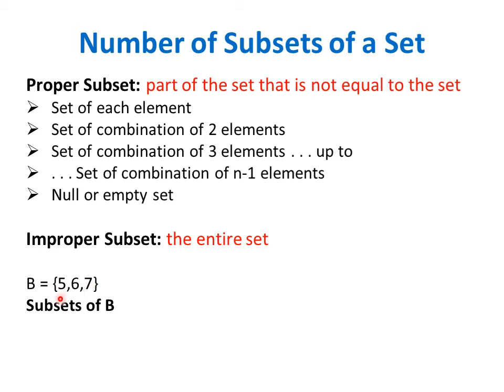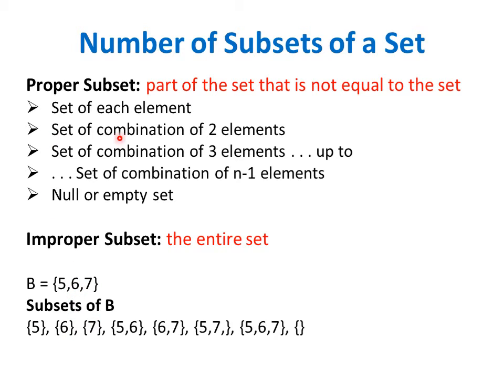Okay, the question is what are the subsets of B and how many are there? Okay, first, proper subsets. For the proper subsets, we have the set of each element. So we have the set of 5, the set of 6, the set of 7.